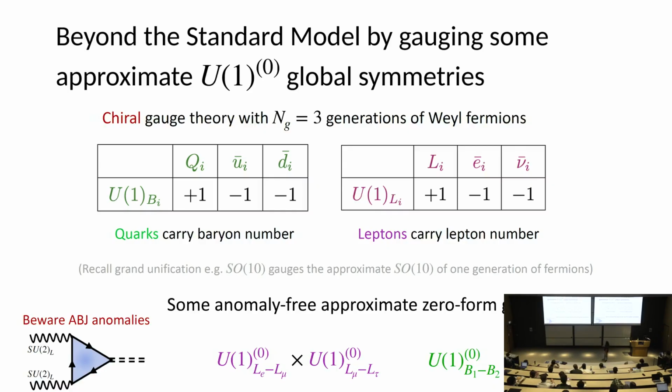I can think about gauging, for example, lepton number of the 2nd generation minus lepton number of the 3rd generation. And then whatever mixed anomaly lepton number of the 2nd generation had that would be dangerous cancels against the minus lepton number of the 3rd generation. Okay? So indeed, this is the strategy we're going to pursue, starting with, in fact, L mu minus L tau.